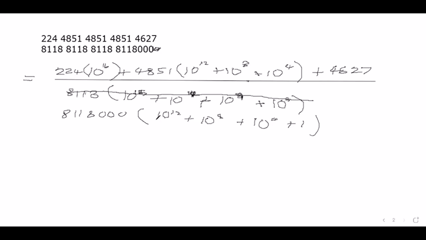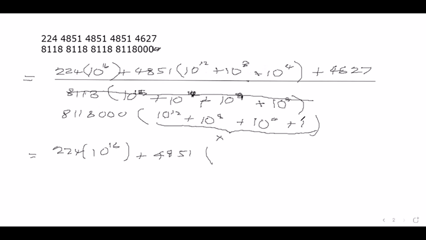And then I give a name to this object here, because I see this object is occurring there as well, at least parts of it. So let's give a name for it, like what we did before, and then we can simplify this. Let's call that thing X. So what happens here? You got 224 times 10 to the power of 16. And you got 4851. And this part here, I'm calling this thing X. So this will be X minus 1, you see?